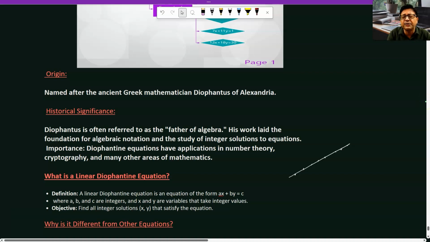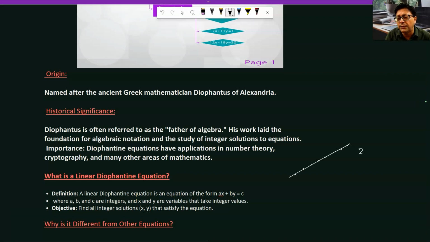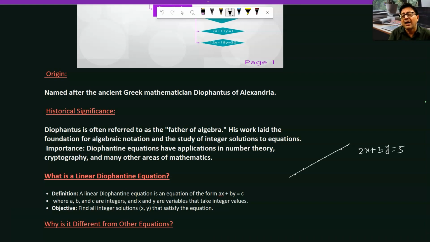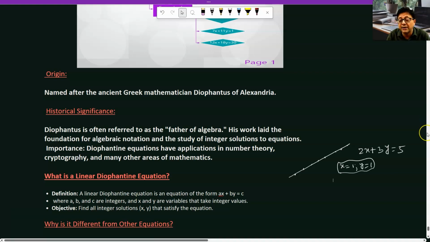When you are writing an equation, say of the form 2x plus 3y equal to 5, you cannot say that you'll get only the integer solution x equal to 1 and y equal to 1. Of course, this one is a solution, but many other solutions are there.